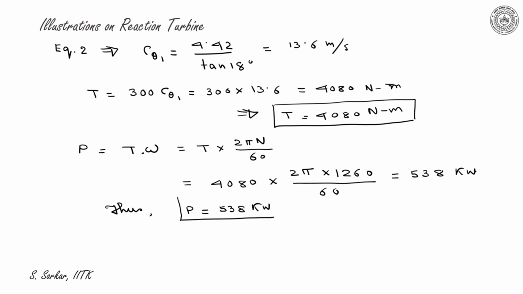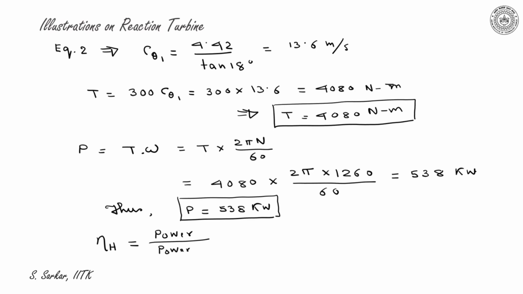Now power developed is this P that I have evaluated, and the available power, that is the power of order, that would be rho Q g into H. H is the effective head. Just let me put all the values.